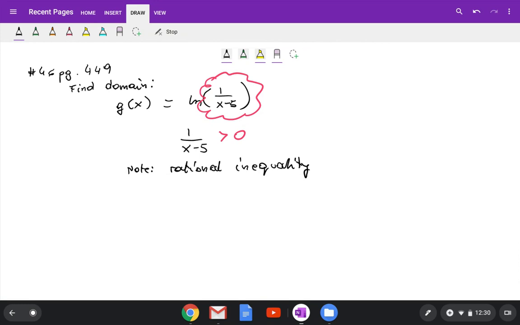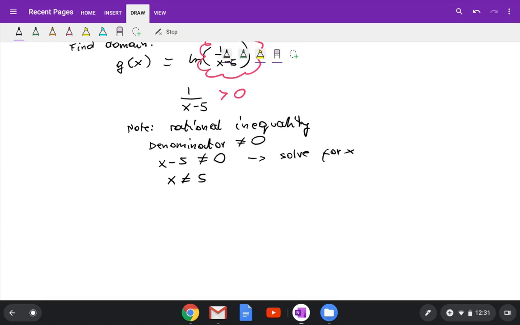First of all, the numerator is 1, so there's nothing to do. But here, you have to take that the denominator can't be equal to 0. So in our case, you're going to take x minus 5 and solve for x, because that expression can't be equal to 0, and you're getting x can't be 5.